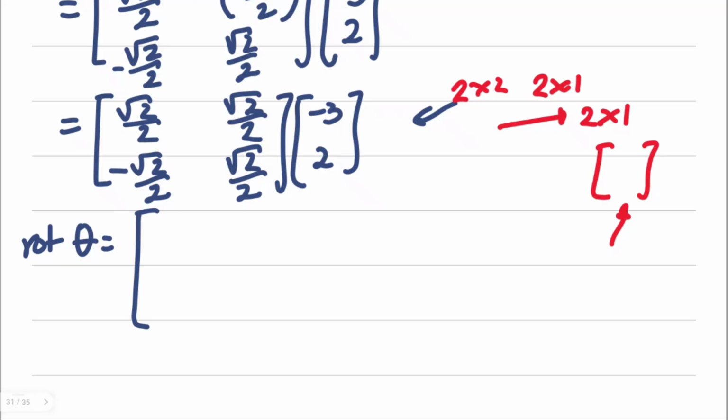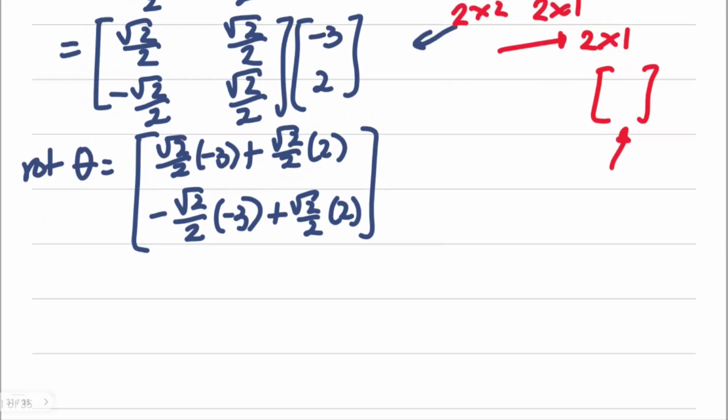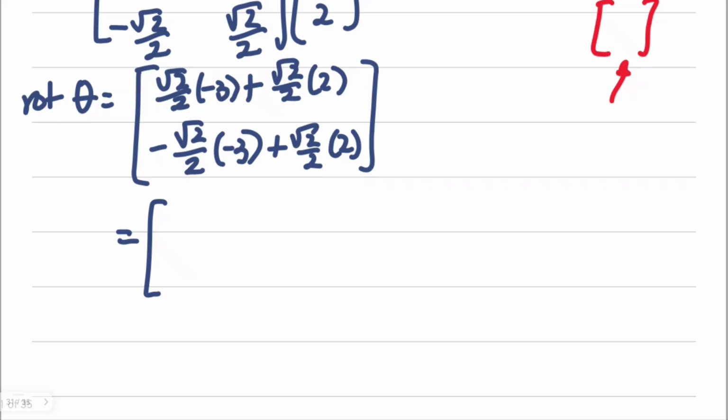So we will have here, to complete this, square root of 2 over 2 times negative 3 plus square root of 2 over 2 times 2. Next, the other one is negative square root of 2 over 2 times negative 3 plus square root of 2 over 2 times 2. This would mean that we will have here the point negative 3 square root of 2 over 2 plus square root of 2.